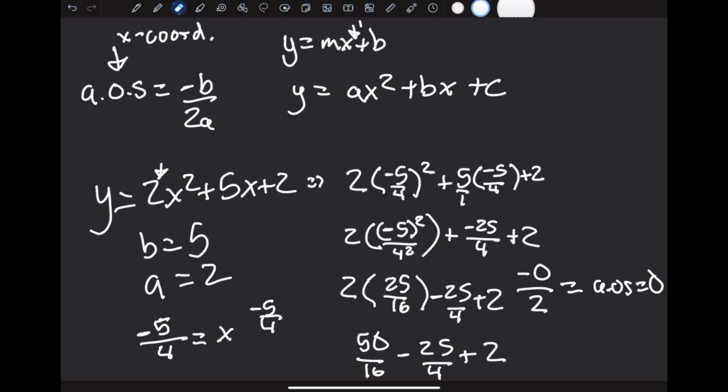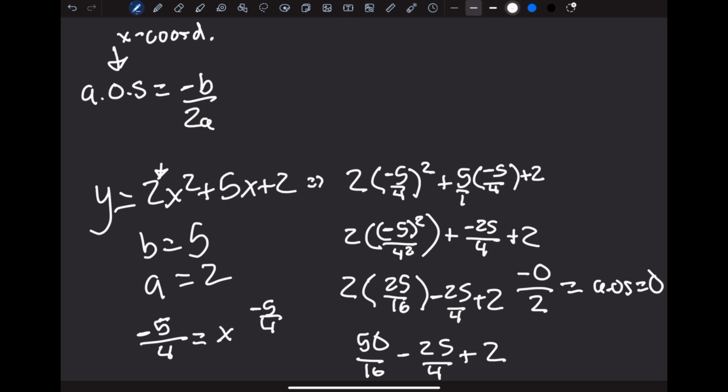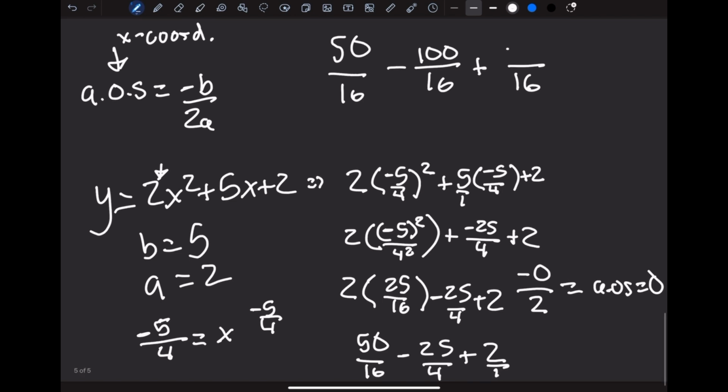So 50 over 16 minus 100 over 16, since you multiply the numerator by 4 as well, plus 2 times 16, which is 32, over 16. That gives 50 minus 100, which is negative 50, plus 32, over 16, equal to negative 18 over 16.